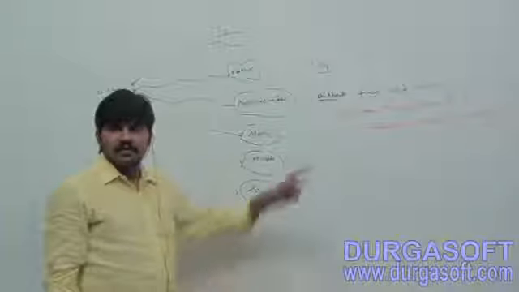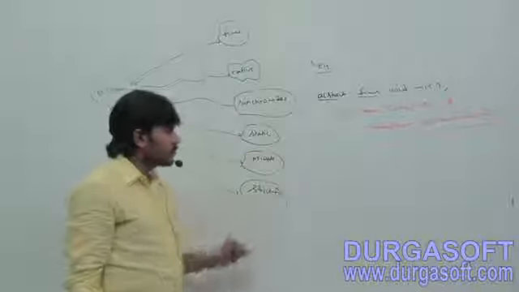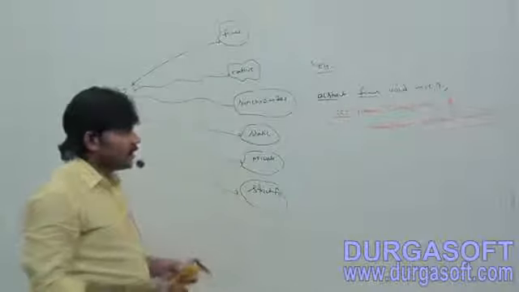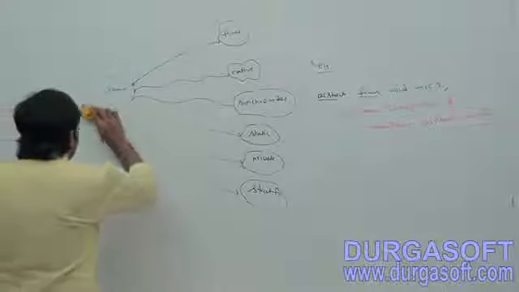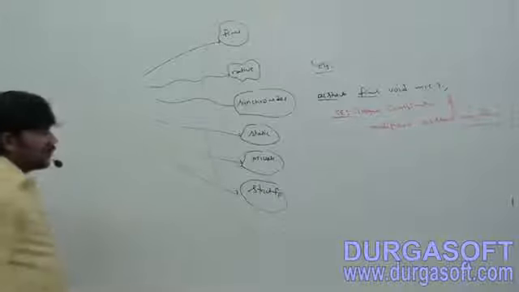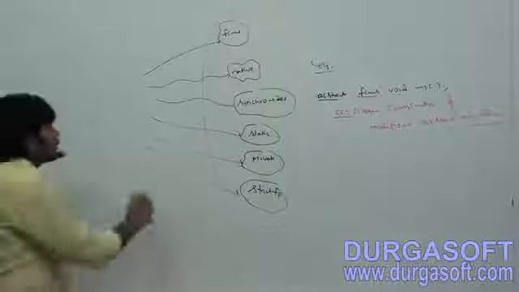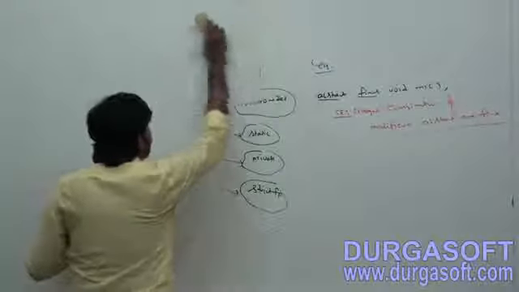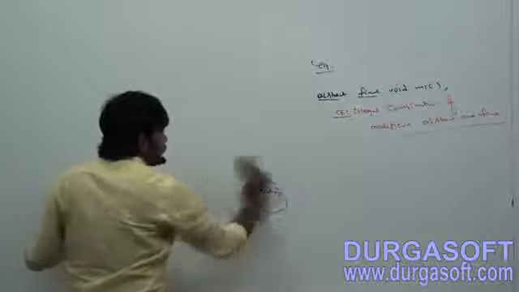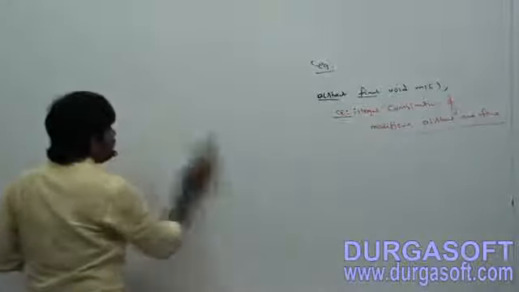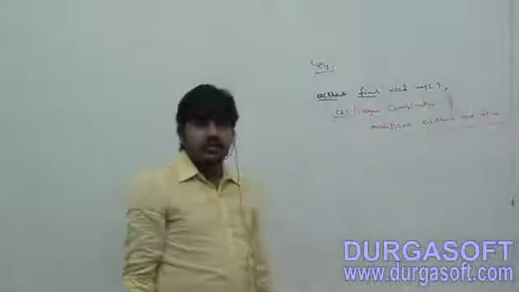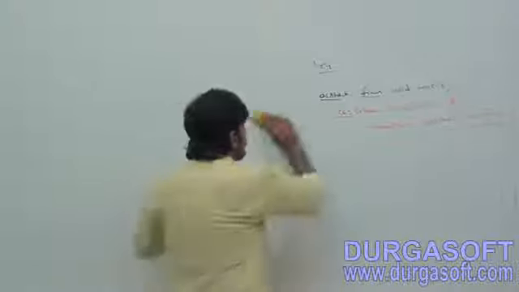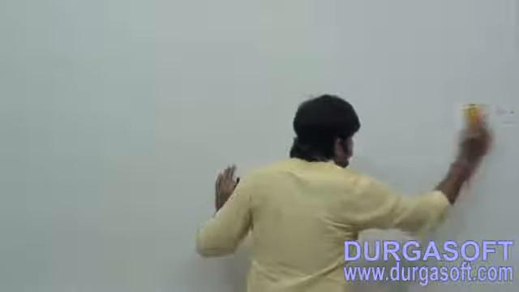We are going to get a compile time error saying illegal combination of modifiers, abstract and final. Exactly that compile time error we are going to get. Completed, right? Okay, that's all.